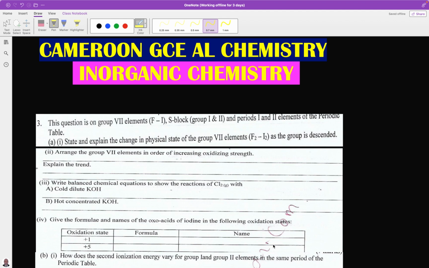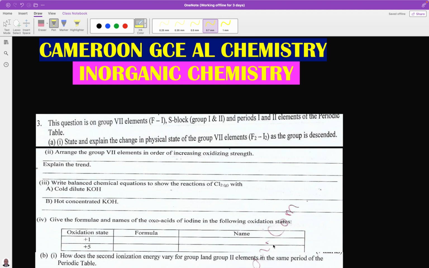Okay, now in group 17, what was formerly called group 7, that is from fluorine to iodine, we have been asked to state and explain the change in physical state. The physical states are liquid, solid, and gas.